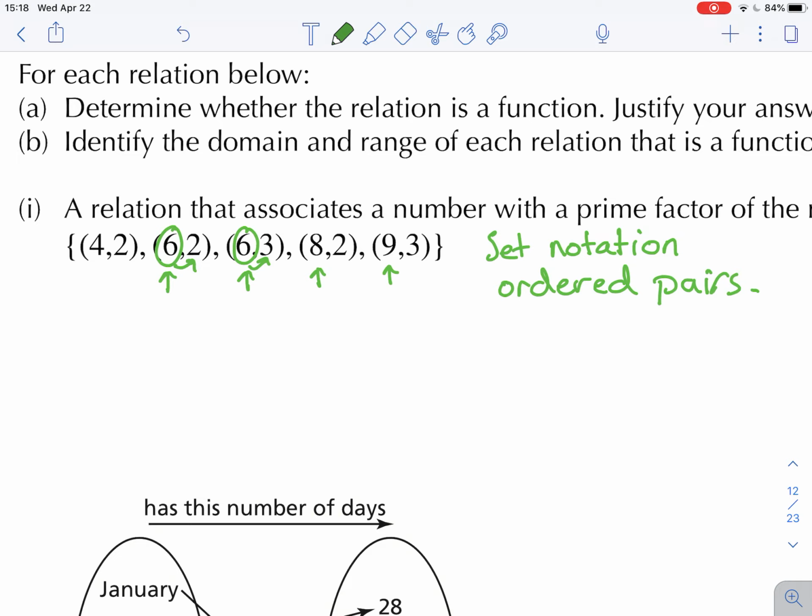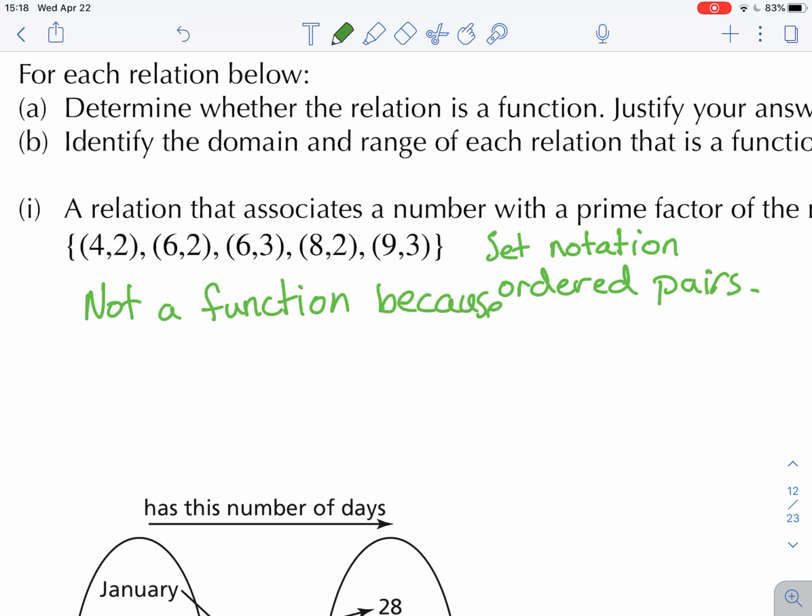Anytime you see a domain value more than once in an ordered pair representation, it will not be a function. It will be a function if you see every domain value exactly once. So this one is not a function because the domain value of 6 goes to more than one range value.